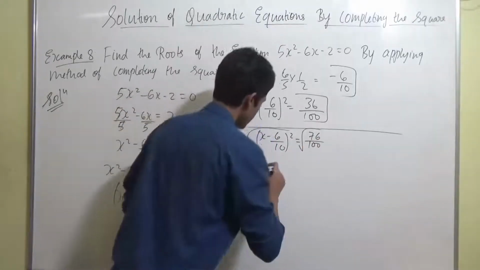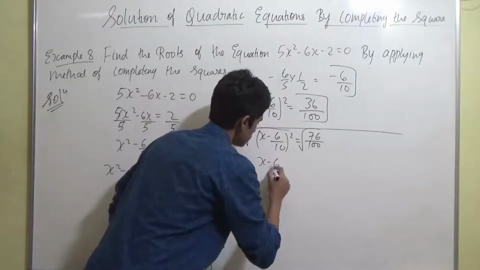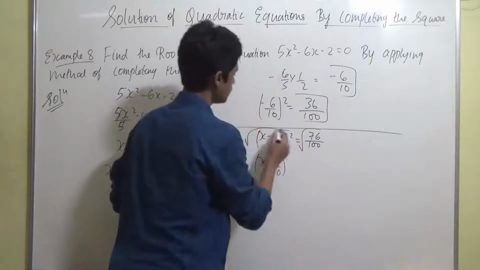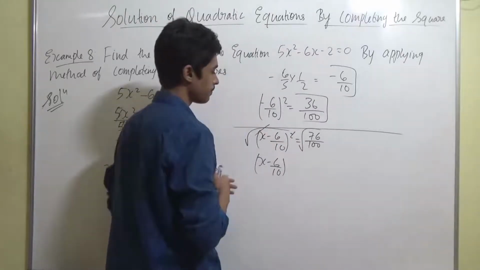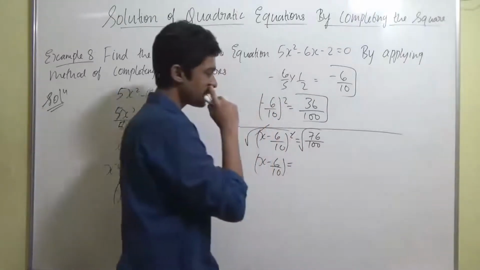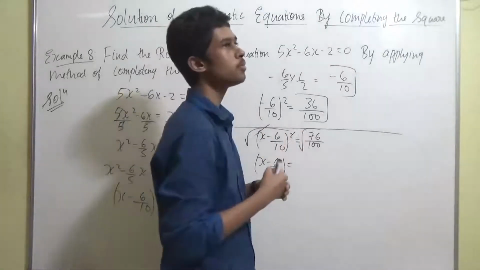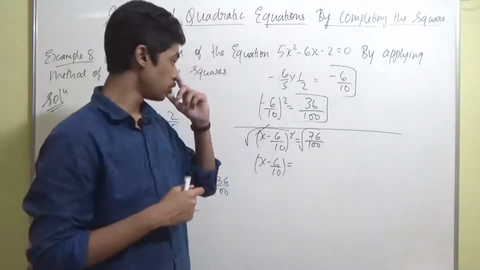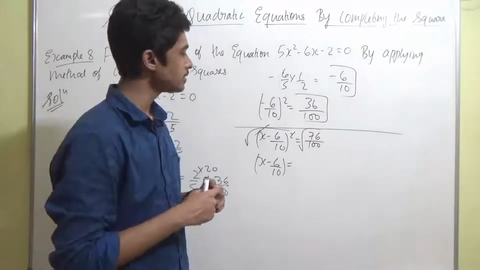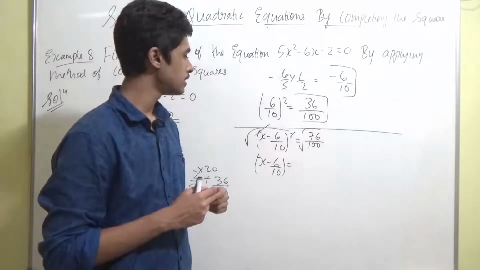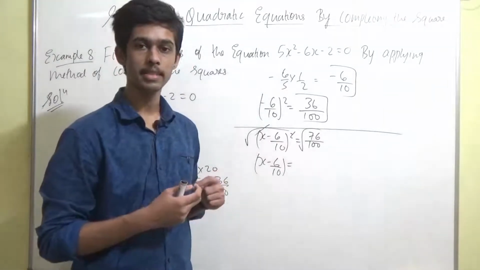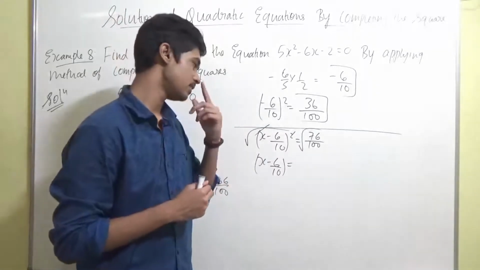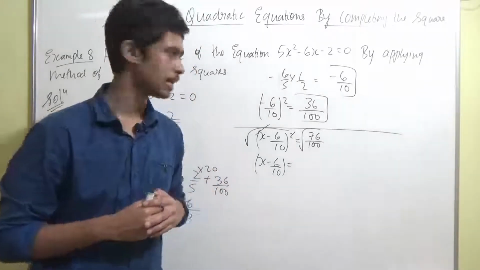That time it will become like x minus 6 by 10. The thing is, the root and square will get cancelled. Equal to, here the root of 100 is 10, no. So numerator, what will happen? The root of 76. How can we write 76? We can do the prime factorization actually.